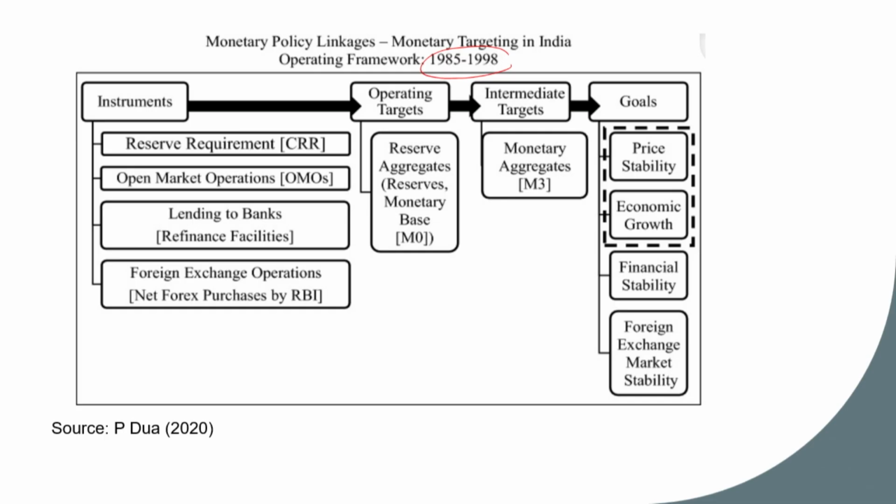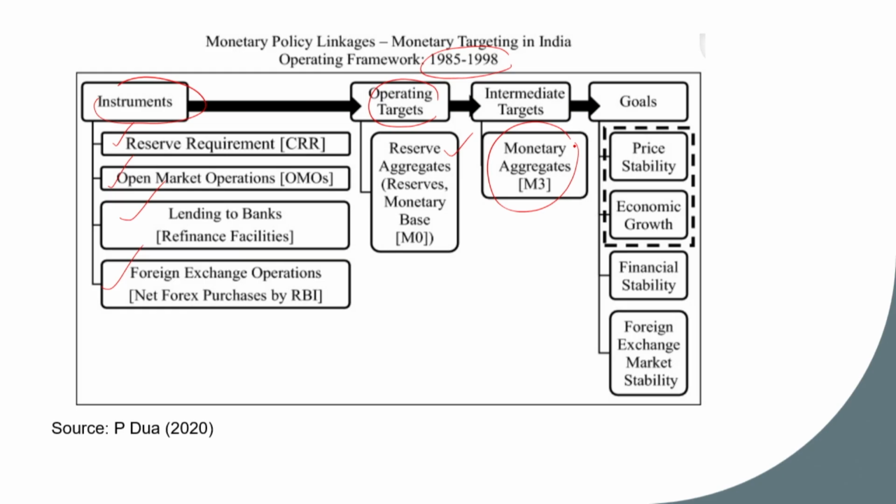You can see here on the left hand side, these are the instruments, which you are now more familiar with: CRR, that is the required reserve ratio, open market operations, lending to banks, and foreign exchange operations, net forex purchase by RBI. And then the operating target was reserve aggregates, mainly the monetary base M0.